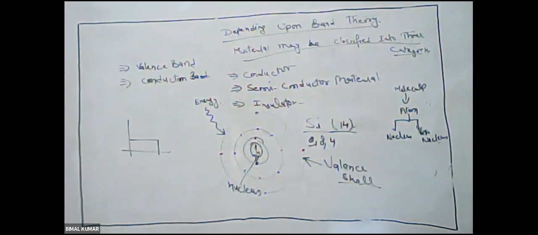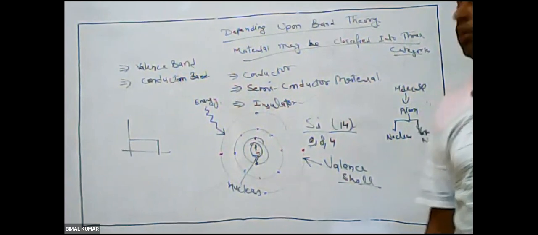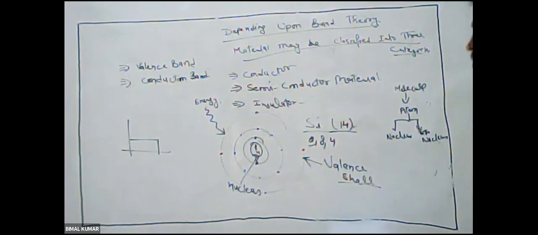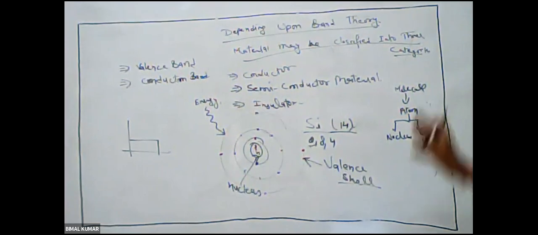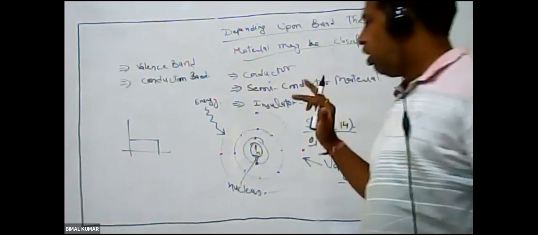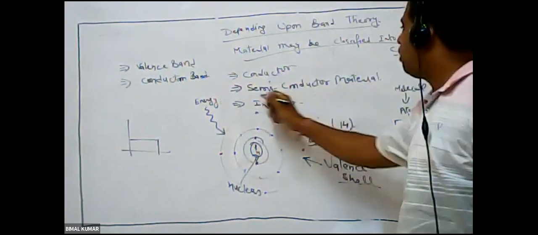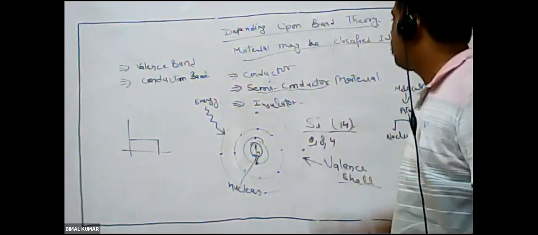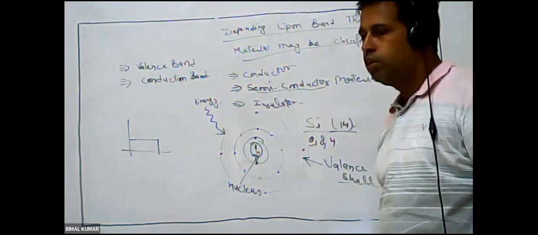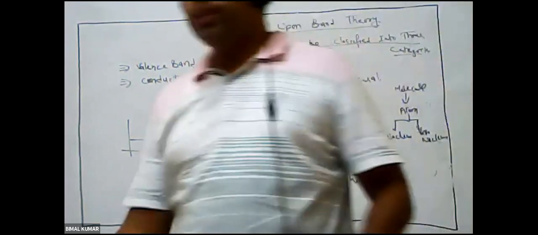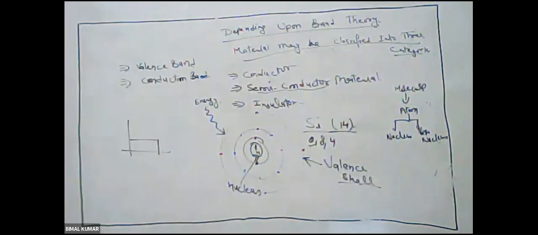Then the third category has energy requirements in between. That type of material is known as semiconductor material, right? So this is the general configuration as per band theory.